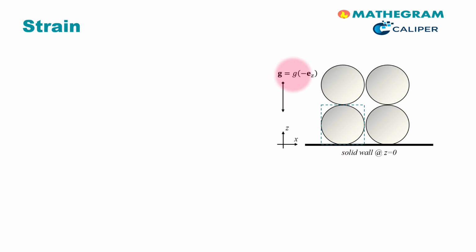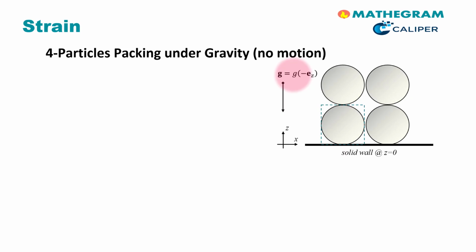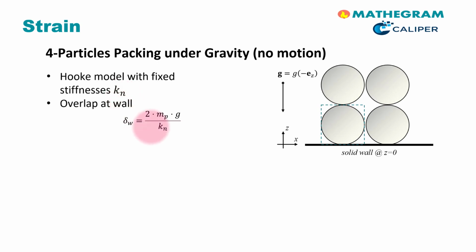Next, we have to connect the stress with deformation, i.e. we need to consider a contact force model. Therefore, we assume the simple Hooke model and fix the stiffness to some known value K_n for both the particle-particle and the particle-wall contact. We can now calculate the overlap at the wall and the overlap of the particles.